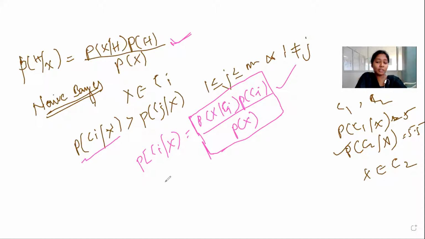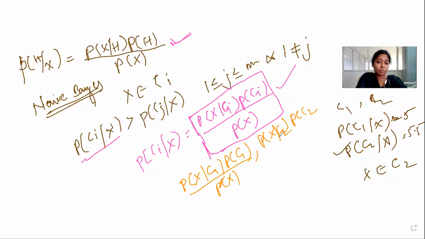So for class C1, the formula is P of x by C1, P of C1 by P of x. For class C2, P of x by C2, P of C2 by P of x. Similarly, for class C3, what is the formula?